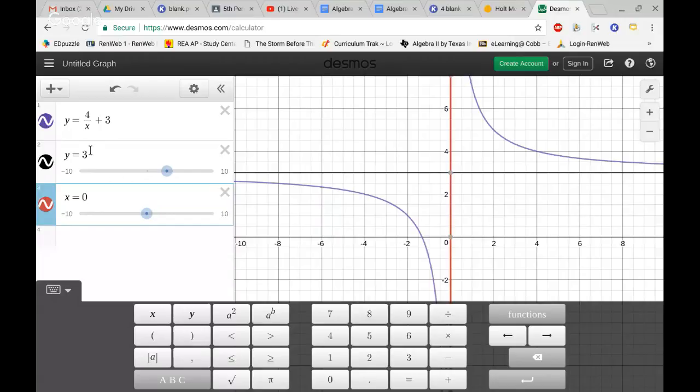I keep forgetting to do specific points. That's really okay. That's something you could go back and fill in. On this particular one, I would do something easy. I would do 1, which is going to give me 4 plus 3 is 7, so 1 and 7.